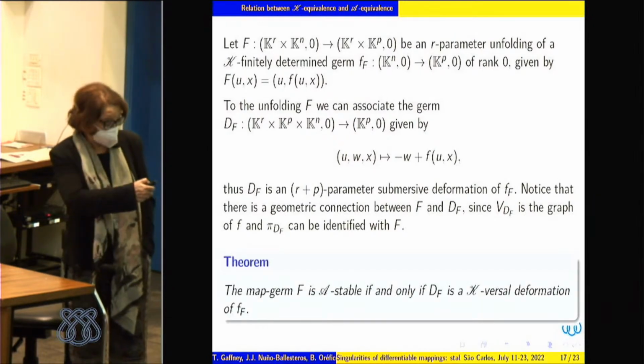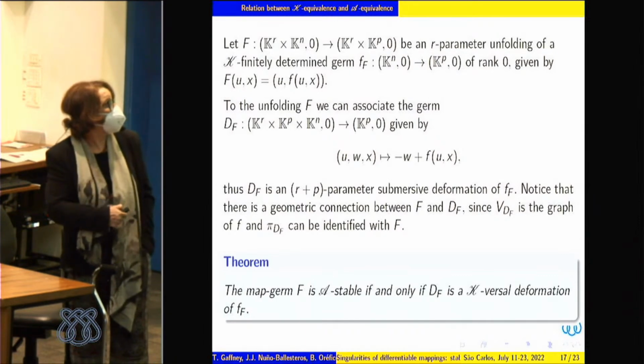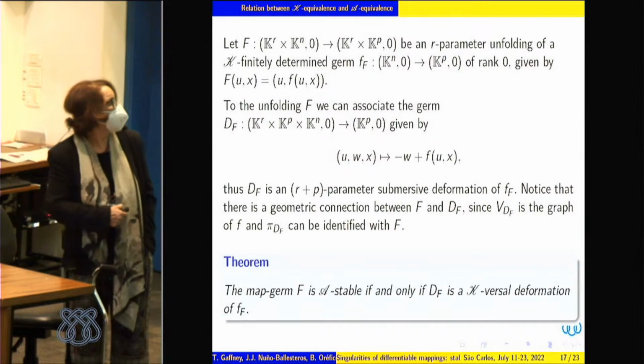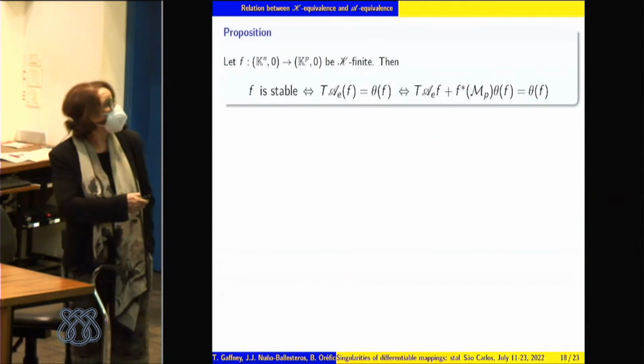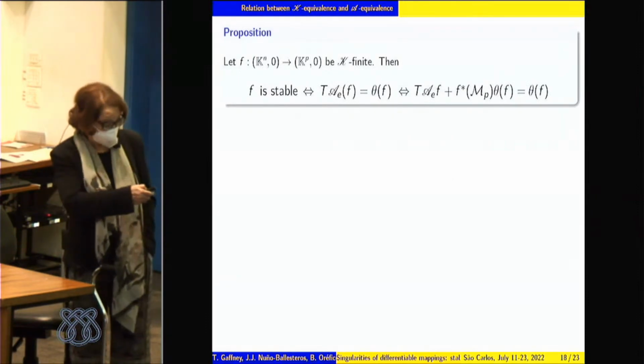Then we have this theorem: a map germ F is A stable if and only if dF is a K-versal deformation of f. Okay? I skip this, I will not give the proofs.